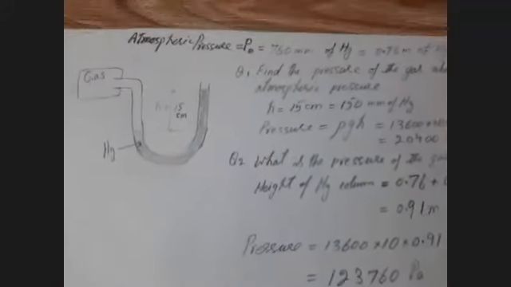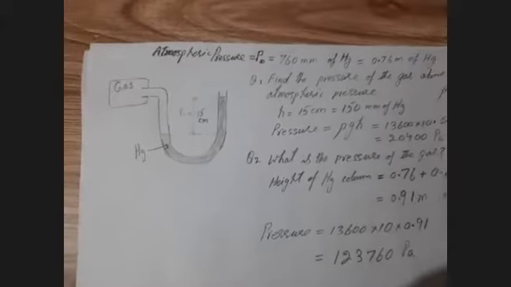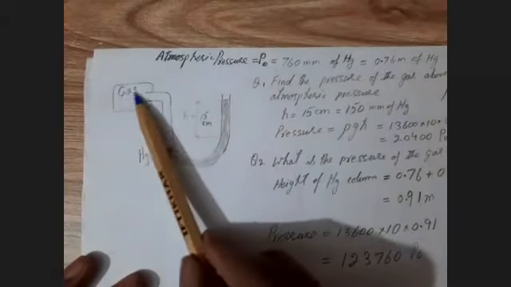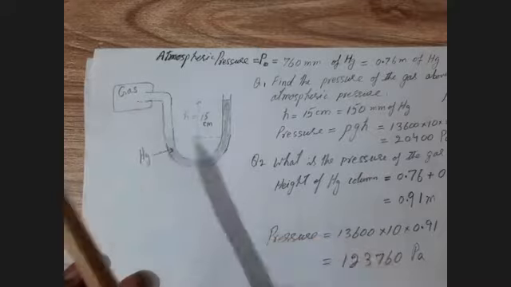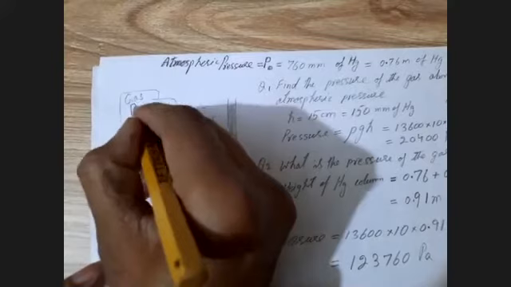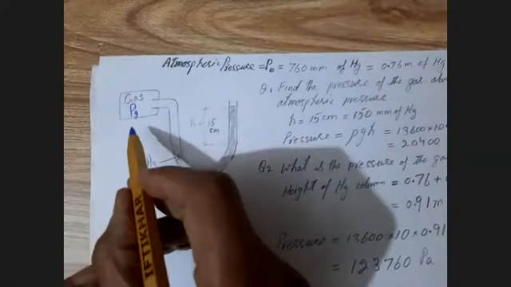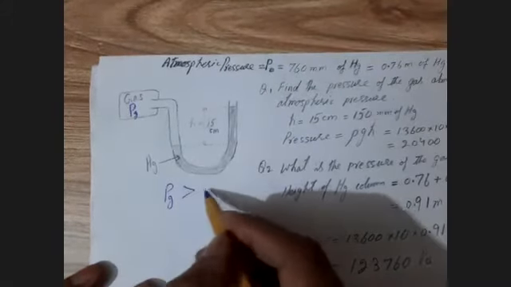Now, if the situation is like this, you can see that when you are applying the gas on one end of the manometer, and this gas pressure, the one we are going to find out, I am representing this unknown pressure of the gas as Pg, and Pg is greater than P naught.